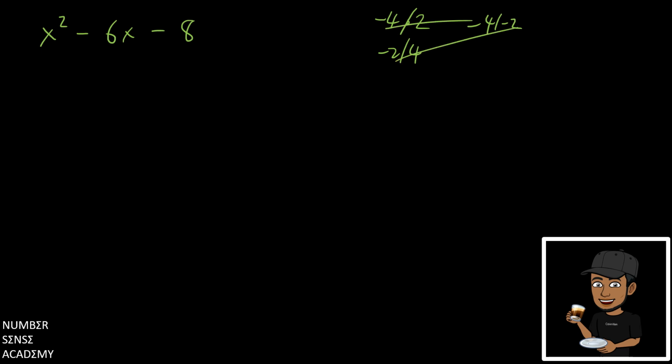But here's the deal. The x squared and this part here are part of a special product, and that special product is x squared minus 6x plus 9.